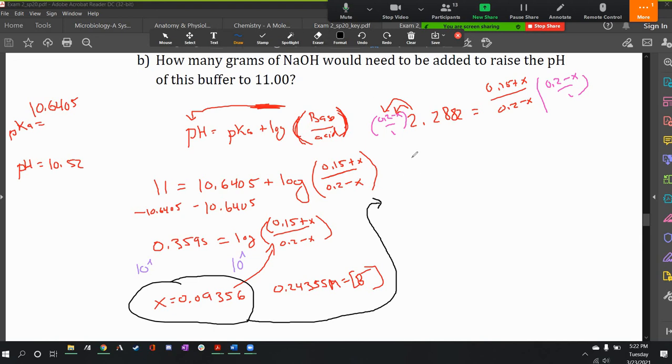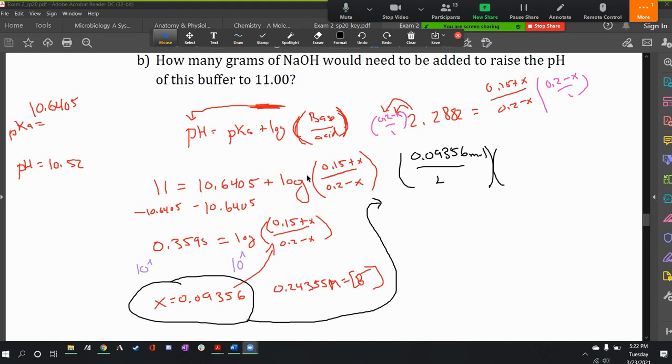Okay, so let's say we need to increase by 0.09, this is our X value, 356 moles per liter. That's how much we need to add. Oh, I should have written that like a normal person, moles per liter.